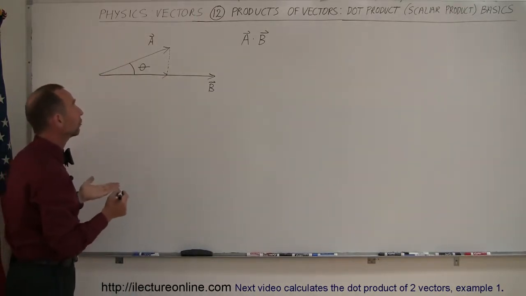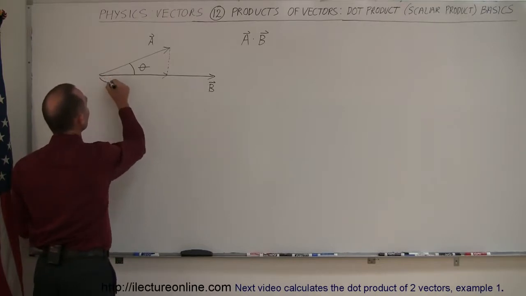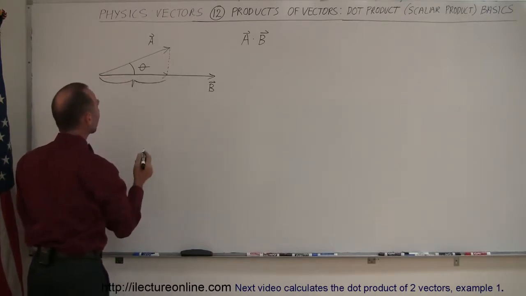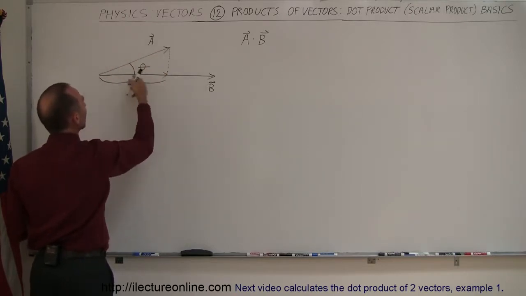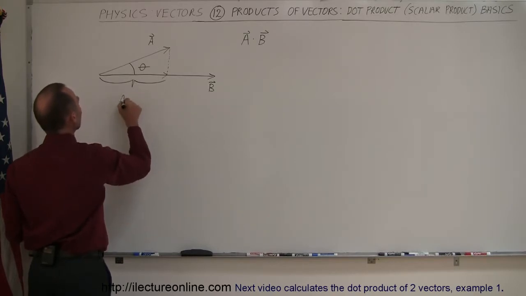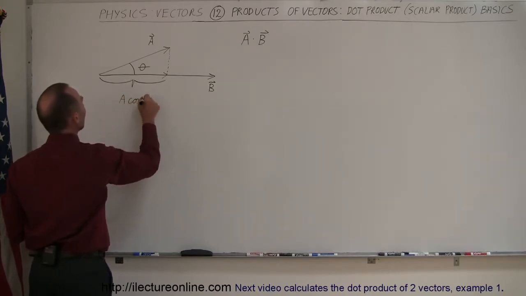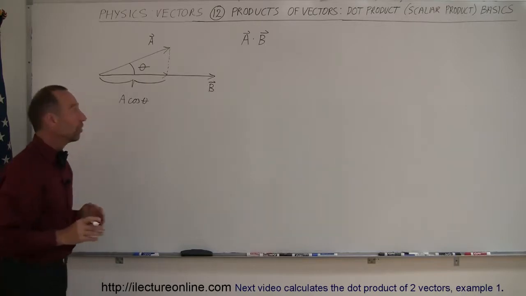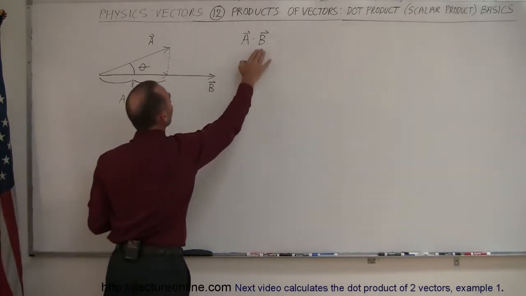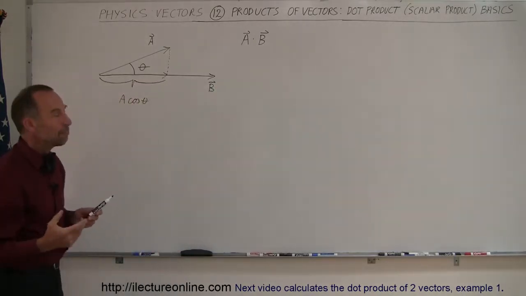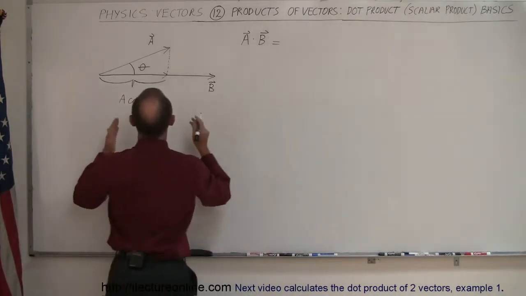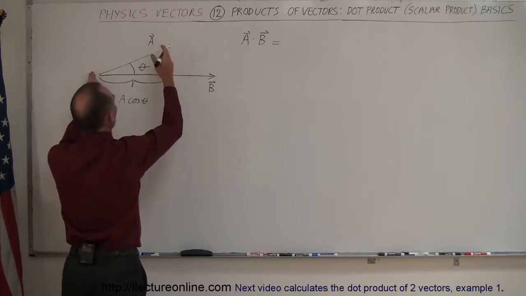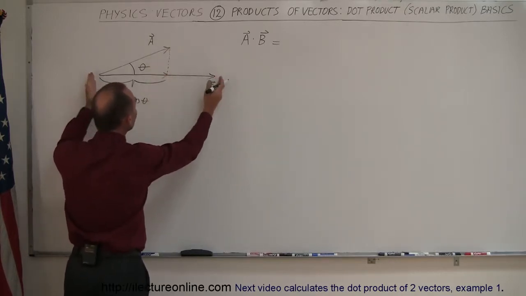Now, what would that be equal to? Well, the magnitude of that is simply the vector A, which is the hypotenuse of this triangle, times the cosine of this angle theta. So this distance here, the magnitude, is A times the cosine of theta. Now it turns out that A dot B, or A multiplied by B via the dot product, is equal to the length of the projection of this vector onto the B vector times the length of the B vector.